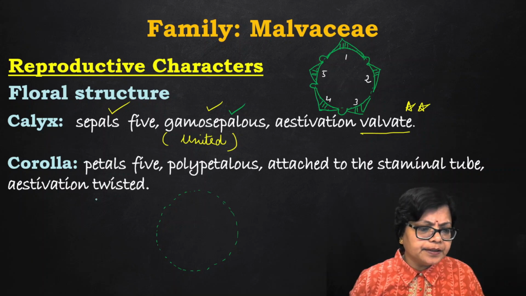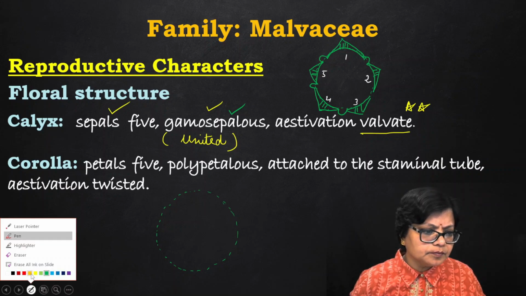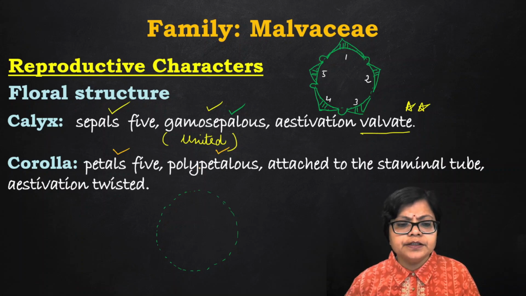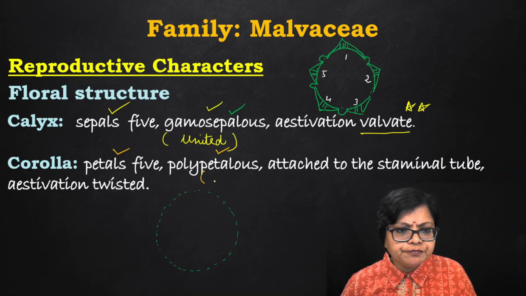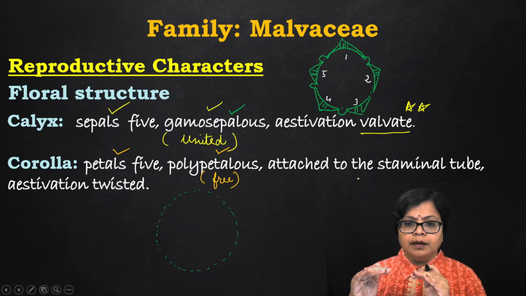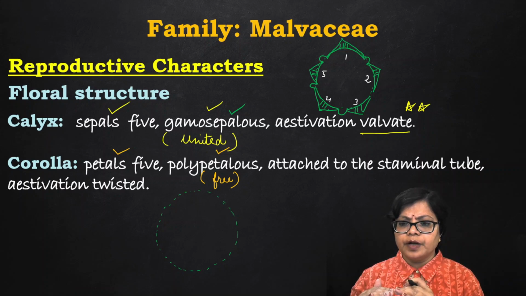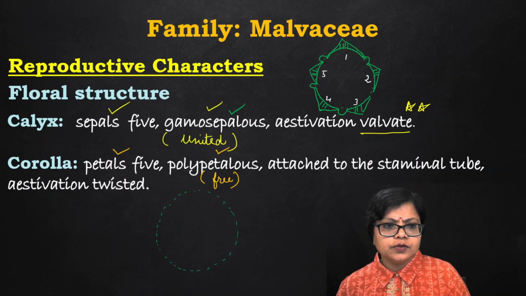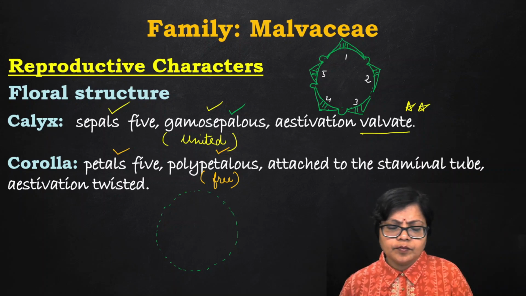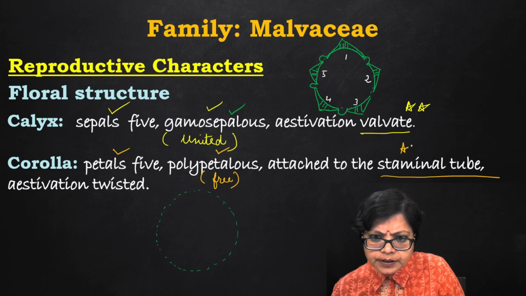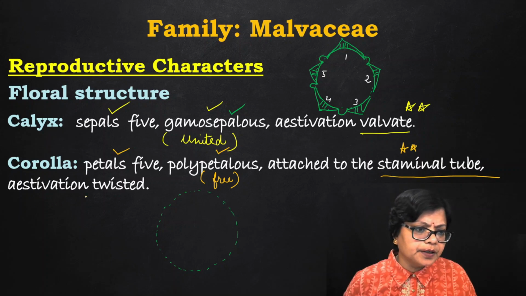Next, petals 5. Polypetalous means petals are free, attached to the staminal tube. The staminal tube actually attached at the base of the corolla. So, it is also very important feature to be remembered.